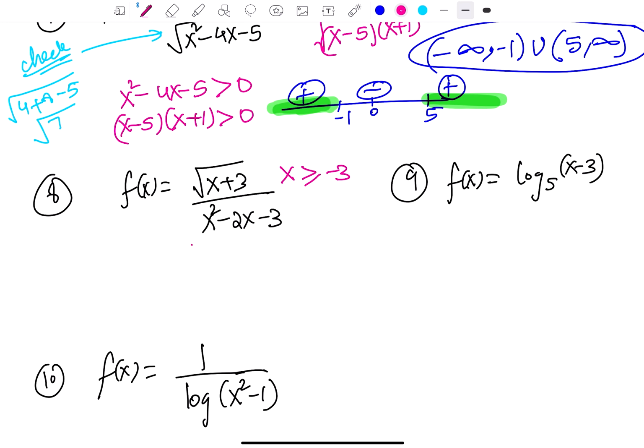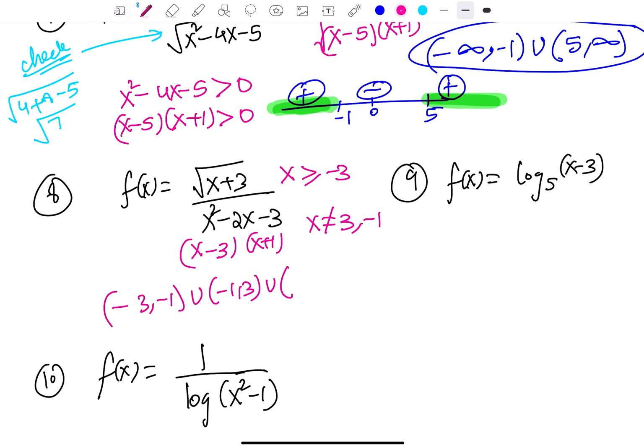The denominator, if I factor, is (x - 3)(x + 1), and it tells me x cannot equal 3 or -1. So my domain in this case would be from -3 to -1 union -1 to 3 union 3 to infinity.